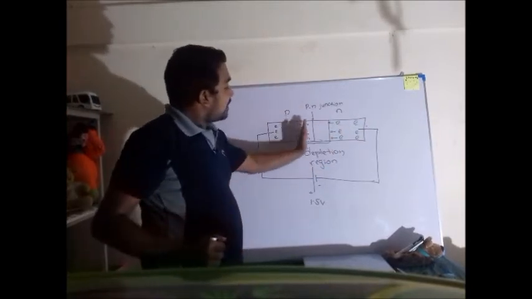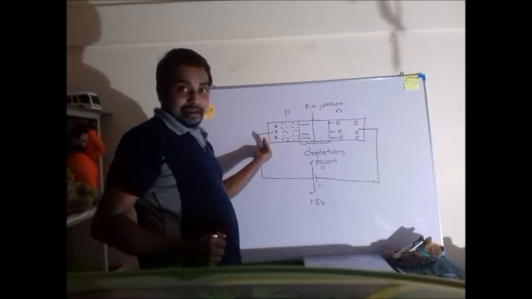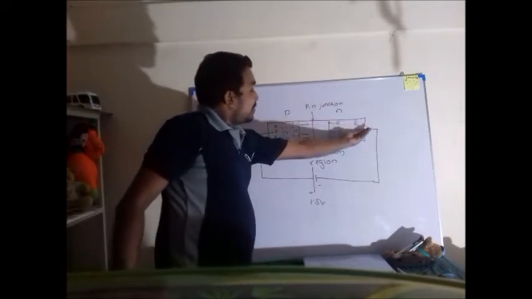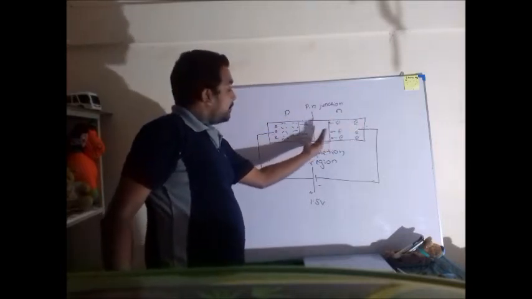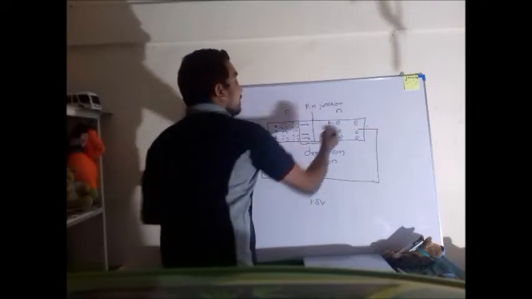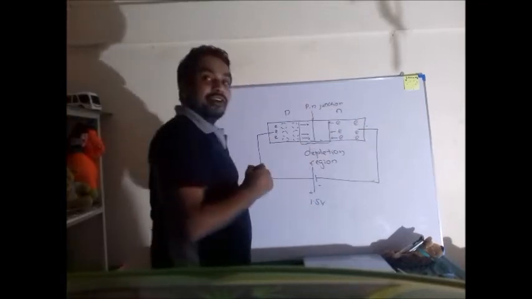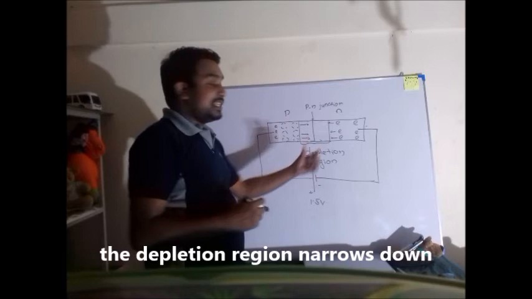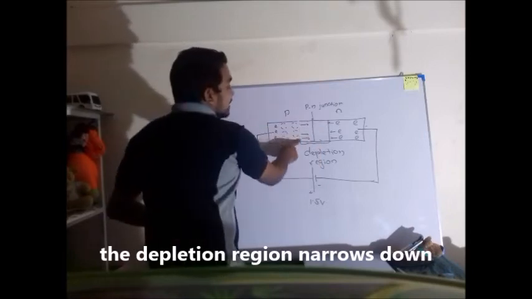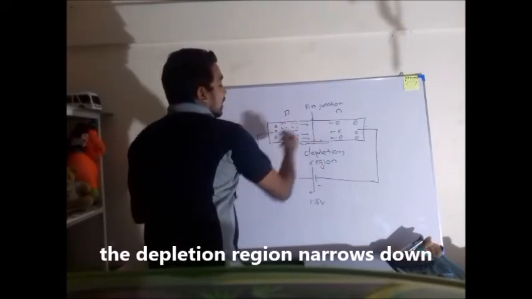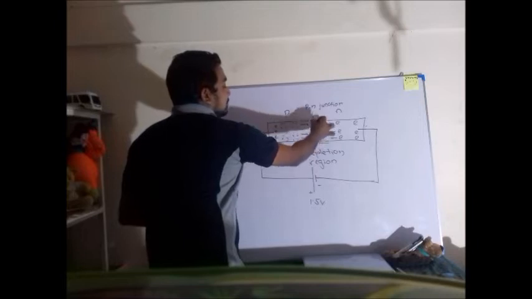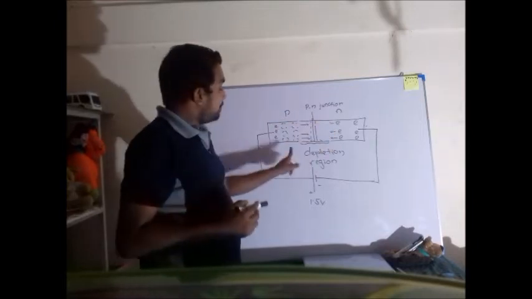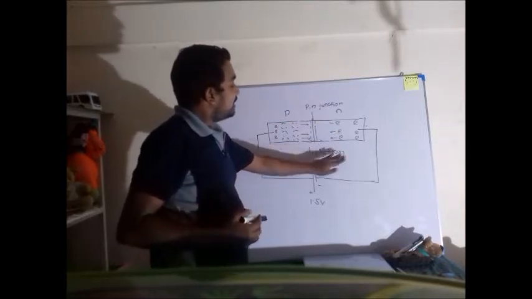When holes are repelled, then electrons are attracted to this side. When electrons are repelled from this side and holes are attracted to this side, what happens to the depletion region? The depletion region becomes very thin. The depletion region becomes very thin now.